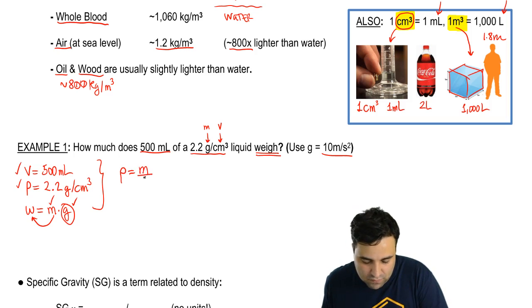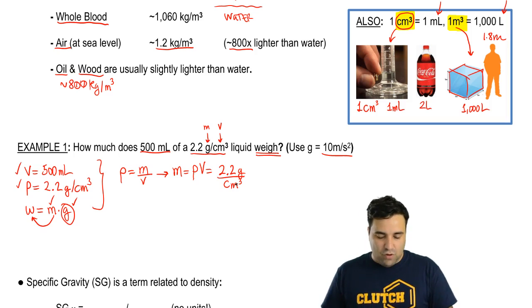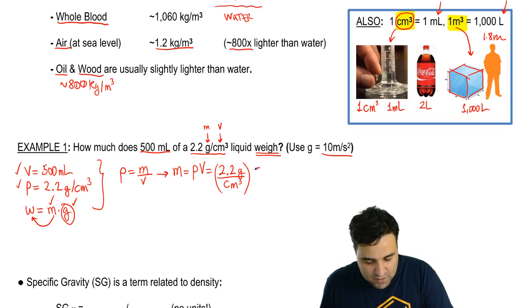Density is mass over volume. Therefore, mass is rho V, and rho is 2.2 grams per cubic centimeter. Remember to always write it in the bottom so it's easier to see, times the volume, which is 500 milliliters.